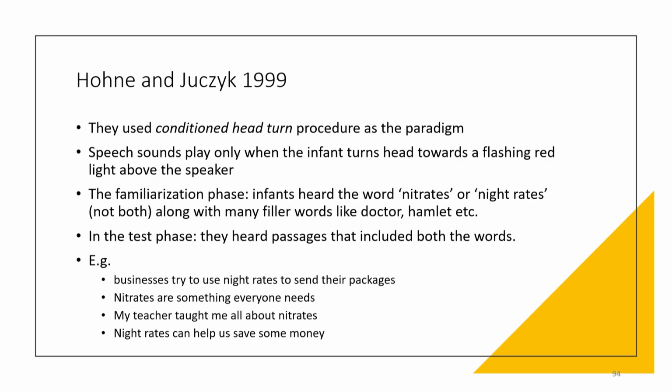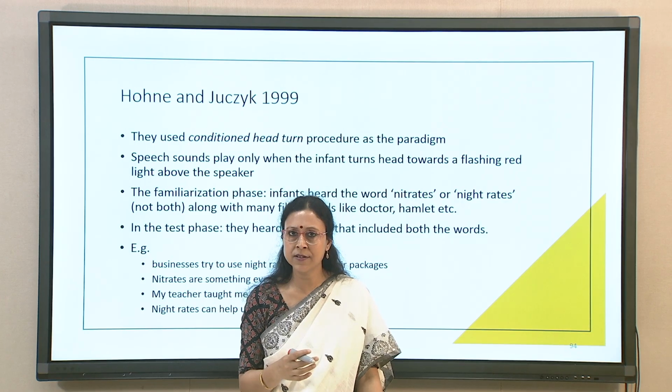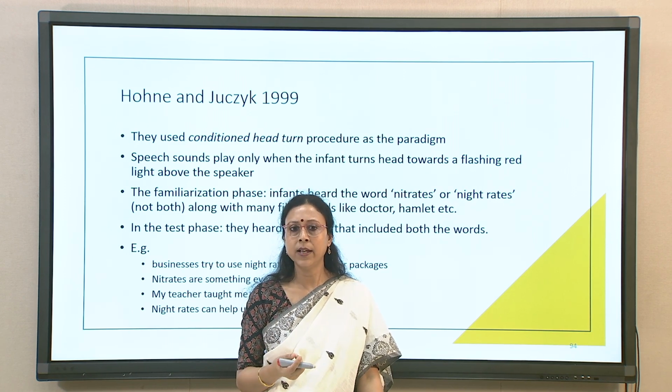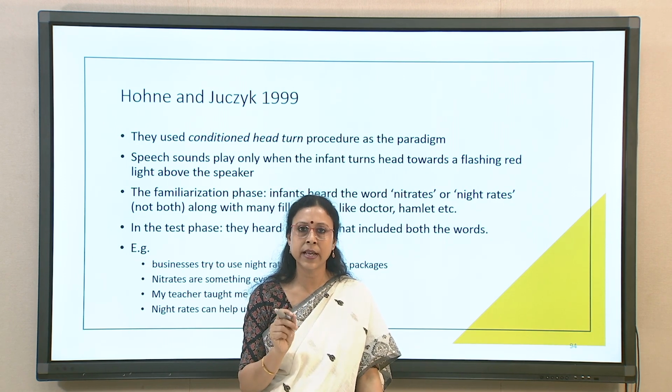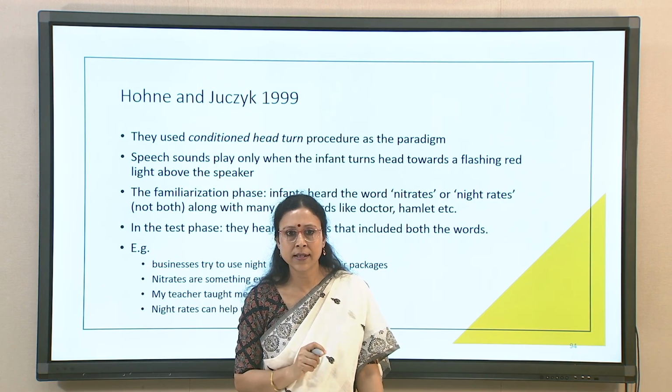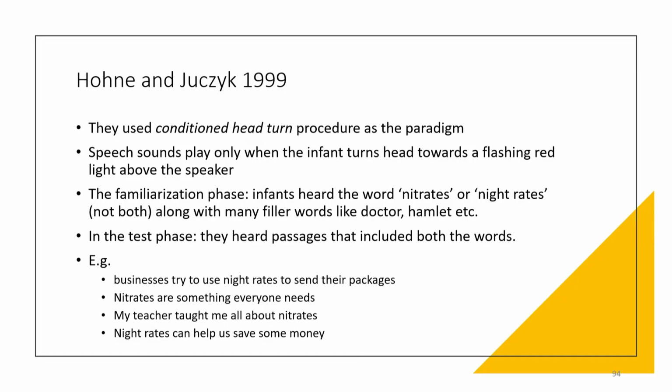Initially they heard only the words, that was the familiarization process, and then in the test phase, the second phase, they heard those words embedded in a sentence context. Sentences like "Businesses try to use night rates to send their packages." Here we have "night rates" embedded in the sentence.